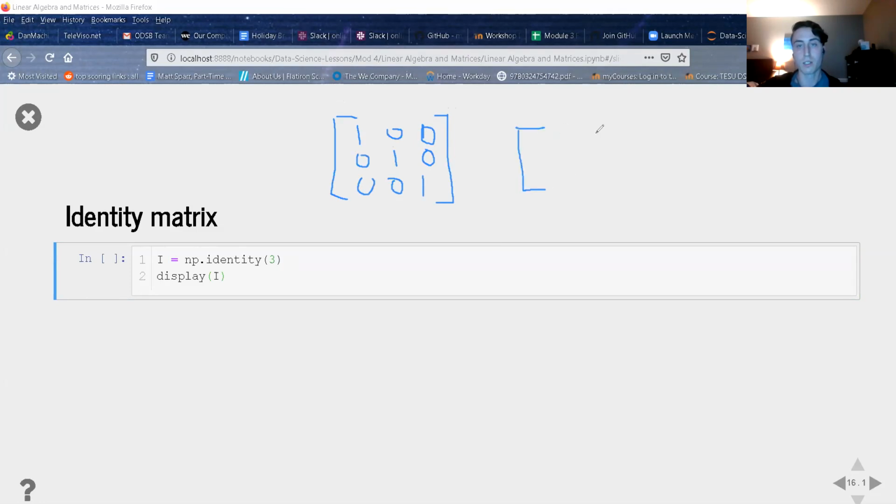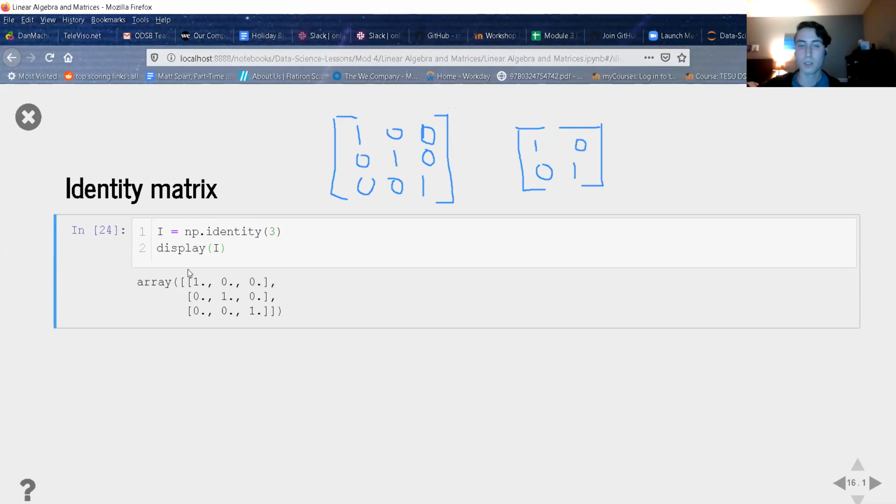So if it was a 2x2, it would just be 1, 0, 0, 1. And you can imagine for any size. So in Python, you just go under numpy.identity, you tell it the size you want it to be, and it makes it for you nice and neat like that.